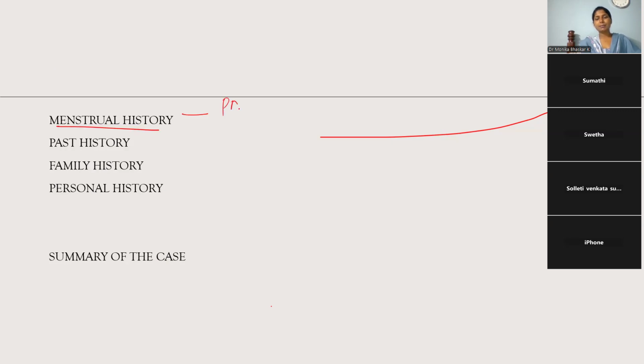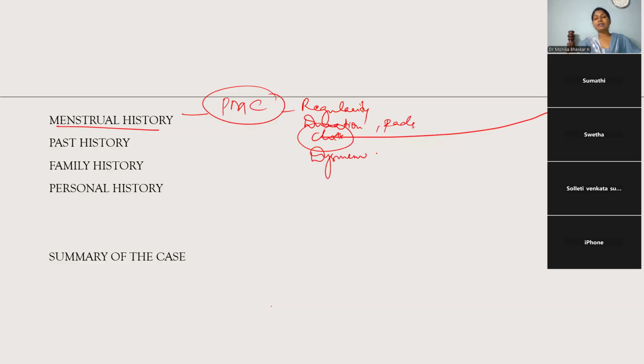We have to ask her about her previous menstrual cycles, the regularity of the cycles, the duration of the cycles, how many pads per day she used, and whether it was associated with clots or dysmenorrhea. And whenever you ask about her previous menstrual cycles, you have to know whether her LMP belongs to excellent dates, good dates, or poor dates.